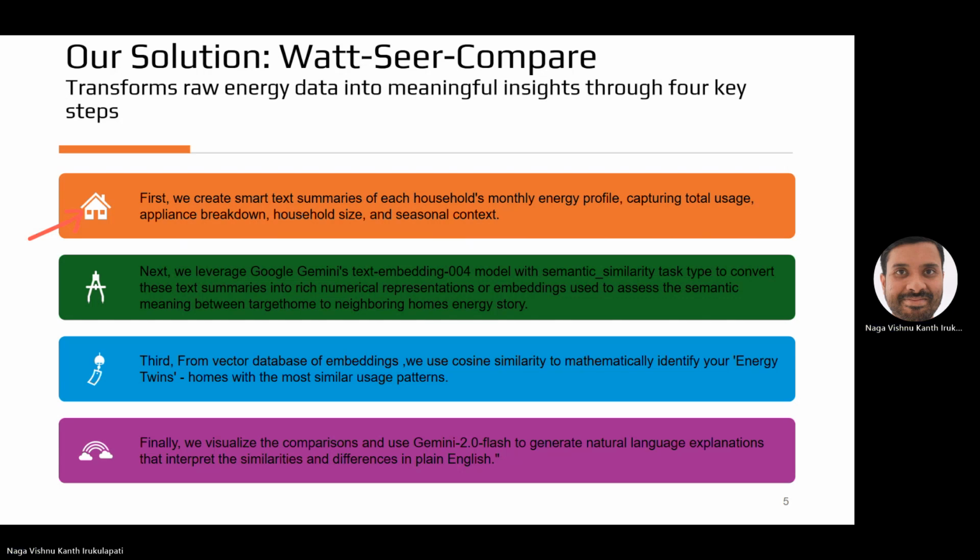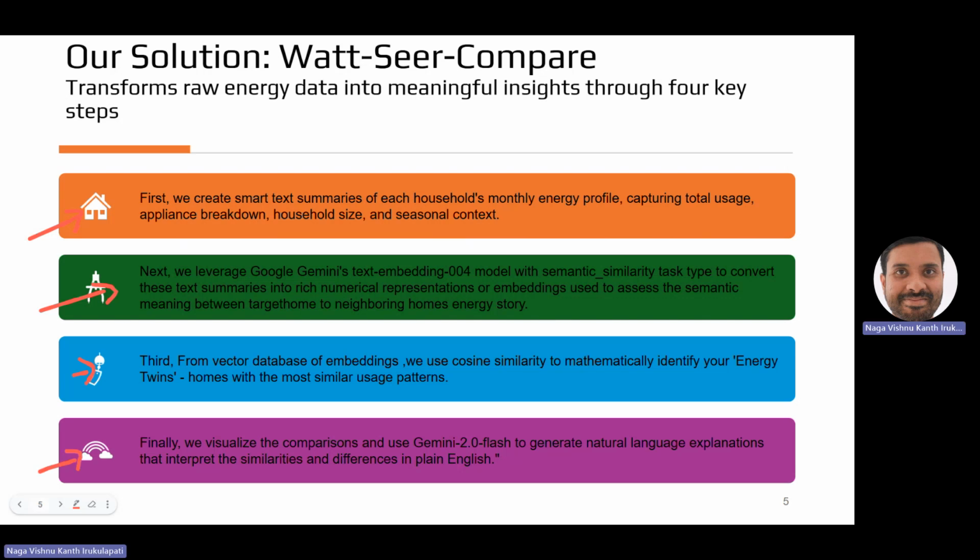This is given to the next step, where we encode those summaries using Google Gemini's embeddings, turning descriptions of those summaries into numerical fingerprints. The third step is that from the vector space of embeddings, we retrieve embeddings using cosine similarity to find homes with similar energy behavior.